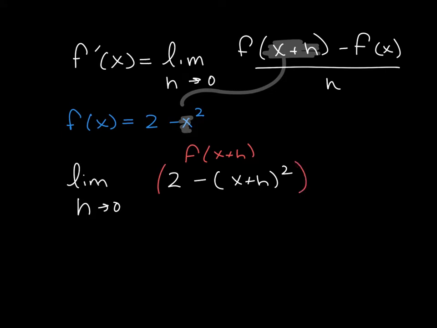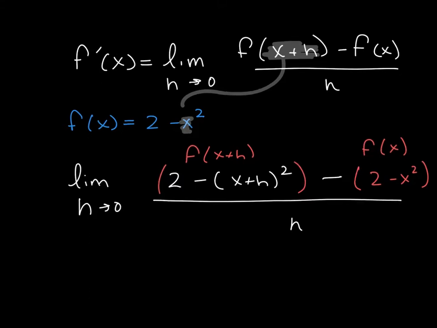Then I subtract the second part, which is my original function, f of x, which in this case is just 2 minus x squared. And I divide all of that by h.